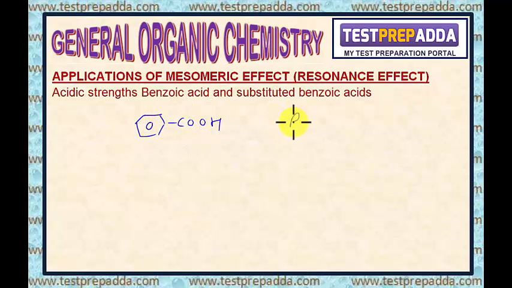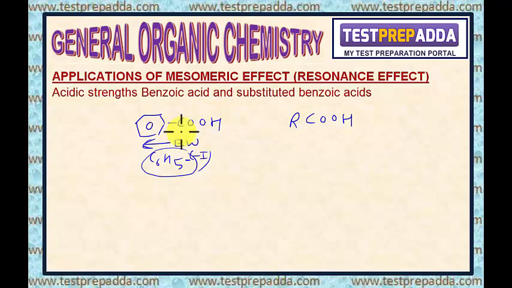If I write the aliphatic acid, it is this. Now, this C6H5 is actually a minus I effect group. So if I talk about this benzoic acid, here it is electron withdrawing this way, minus I effect.